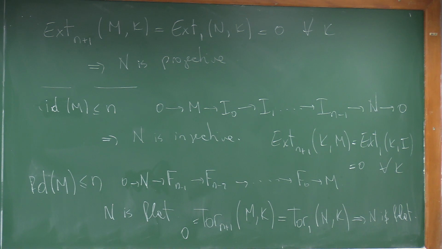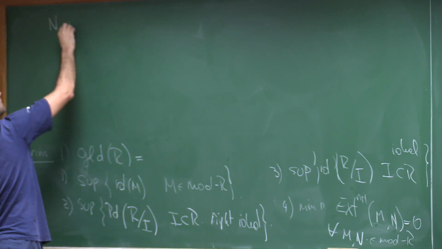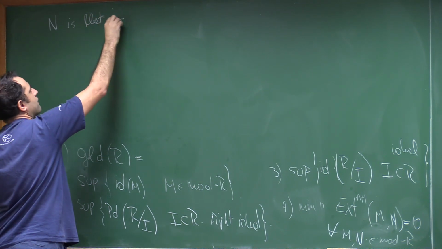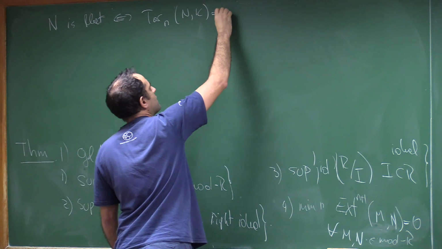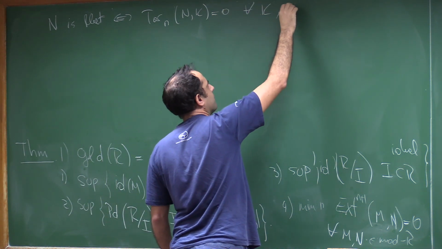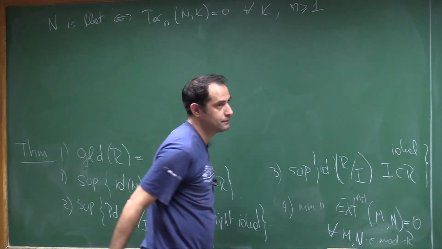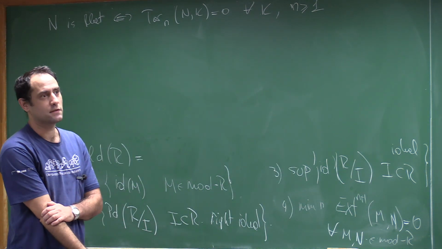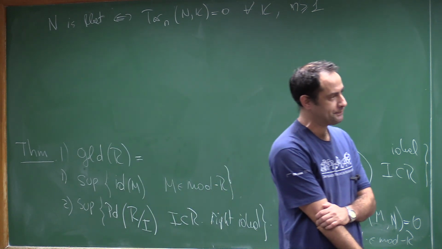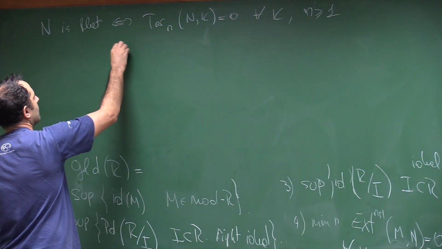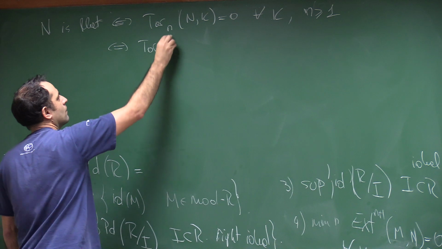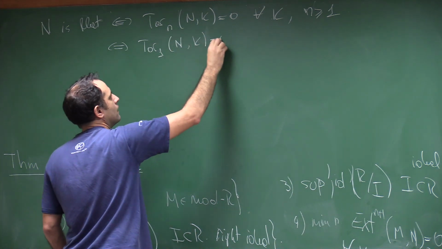What the definition is, is that N is flat if and only if Tor_n(N, K) is equal to 0 for every K and every n bigger or equal than 1. So that was the definition of being flat, that it was acyclic for Tor. But I would want to prove that this is if and only if Tor_1(N, K) is equal to 0 for every K.